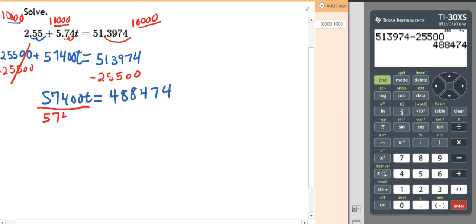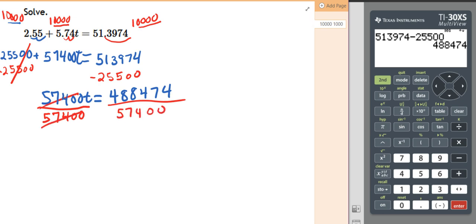All right. Now we want to isolate the t, so we're going to need to divide on both sides by 57400. That goes out. It leaves us just t equals. We'll punch this in the calculator. Since we started with decimals originally, they're going to want decimals in the answer. So we'll go back to our calculator. You could work right from here, but we'll just clear it.